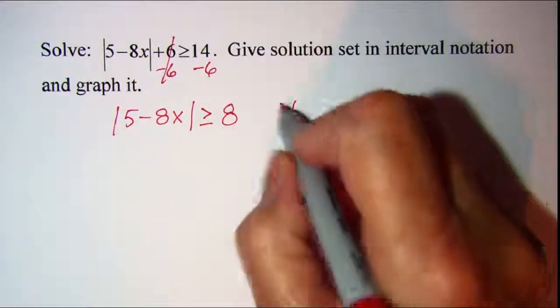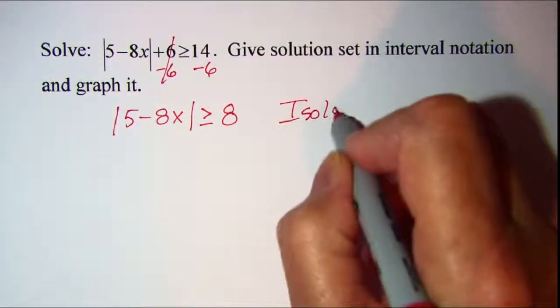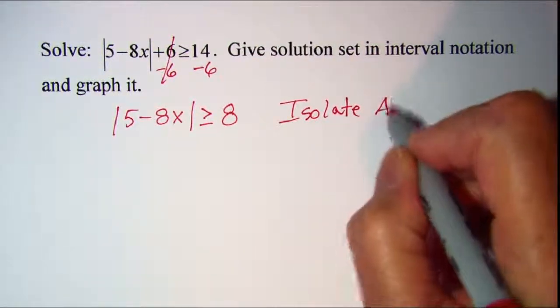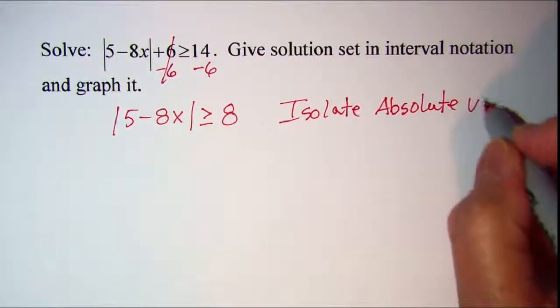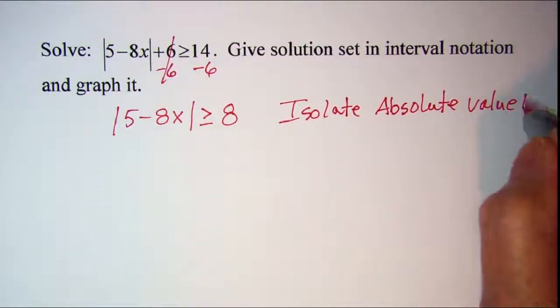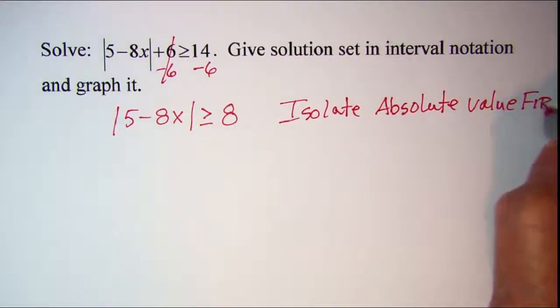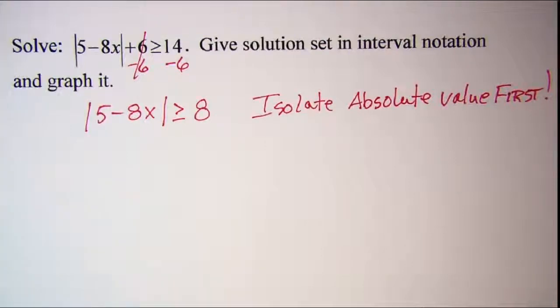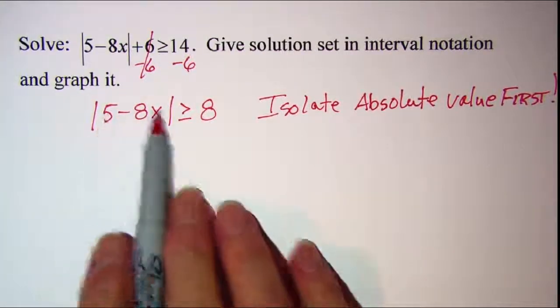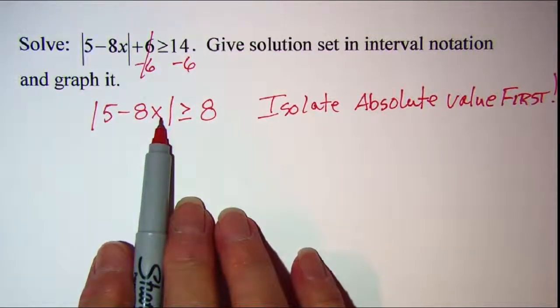So you must isolate absolute value first. Once you have it isolated, then you can choose the property that you're going to be using.